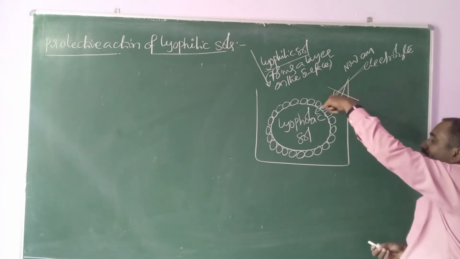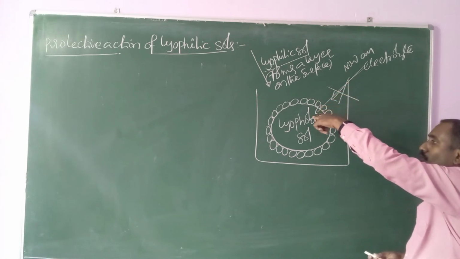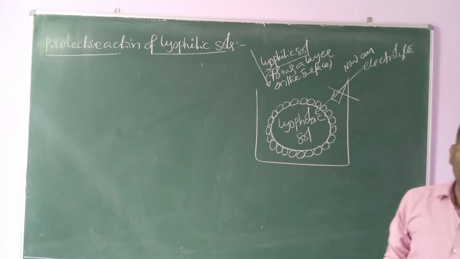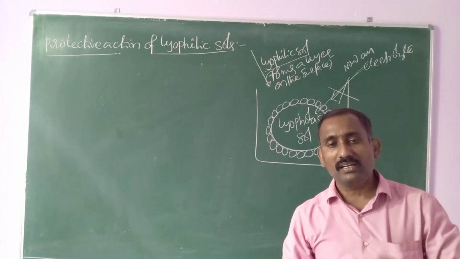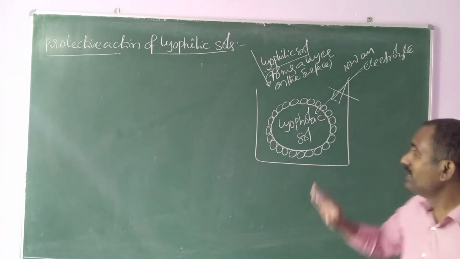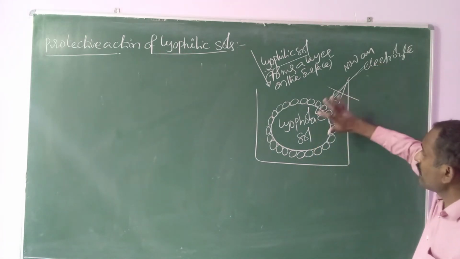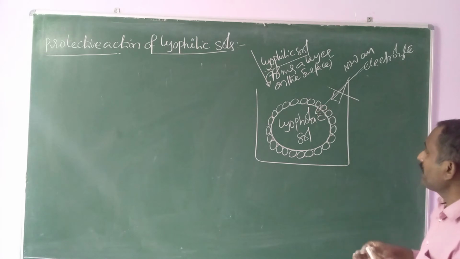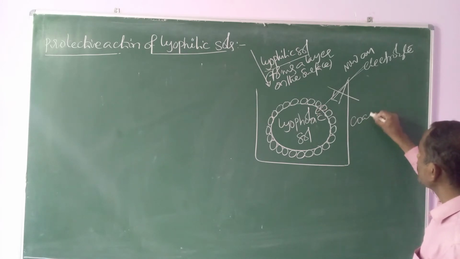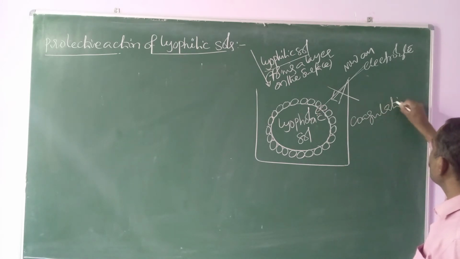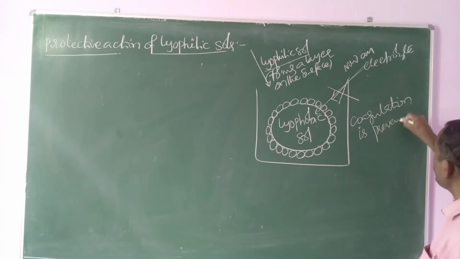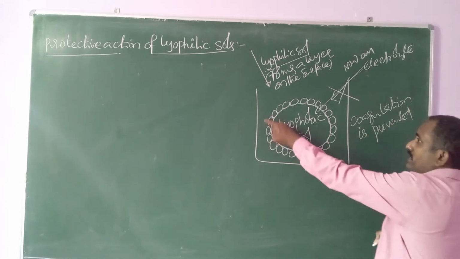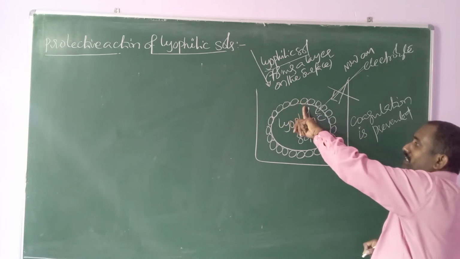Whenever it does not directly attack the lyophobic sole, no coagulation takes place. Only when electrolyte directly contacts the lyophobic sole does coagulation take place. Here coagulation is prevented, because the lyophobic sole is covered by the lyophilic sole.